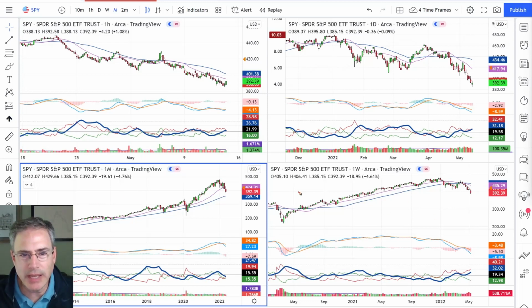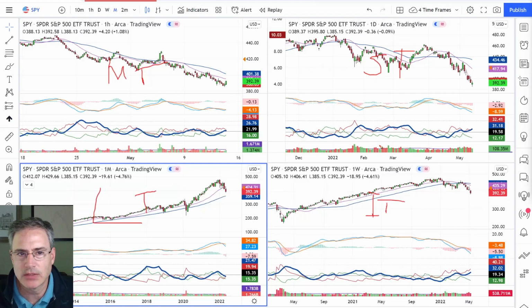So if I'm looking at it and just giving you a little background on what I'm trying to do, this is long-term trend here. This is the intermediate term trend here. Okay, short-term trend here and micro trend here. So these trends don't last very long. We only use those for triggers.